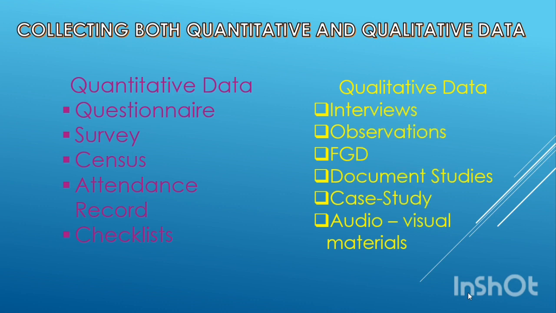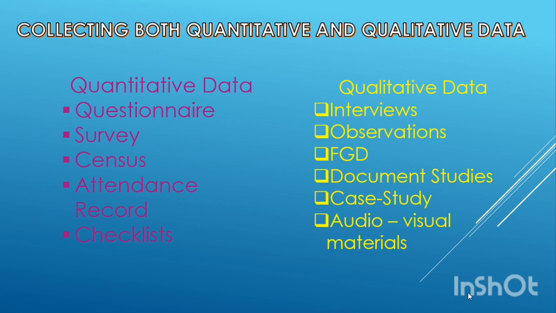So in collecting both, naa diri makombine na ang questionnaire and interviews, survey, observations, census, attendance record, checklist, and sa qualitative, interviews, observations, document studies, case study, audio visual materials. Pero commonly, sa mixed method research, ang makombine ra ani is ang questionnaire, survey, interviews, and observations.